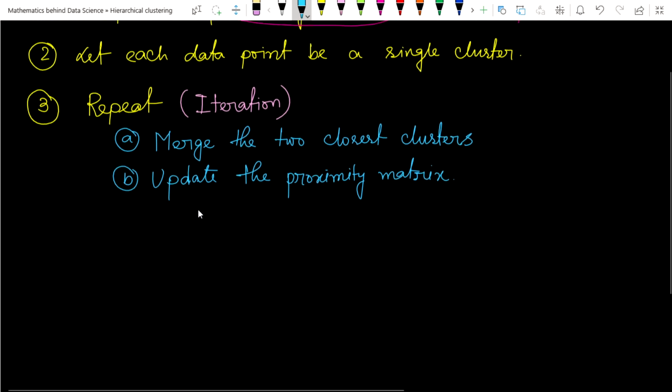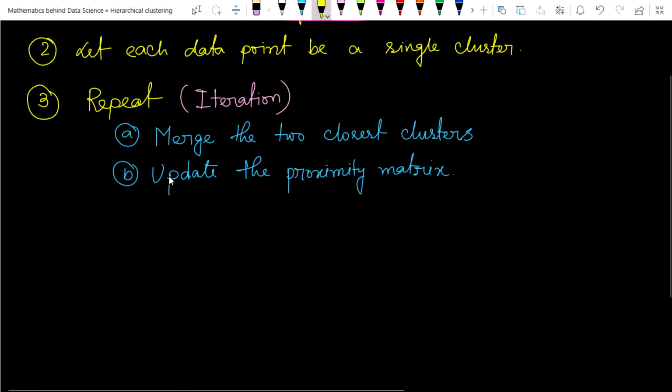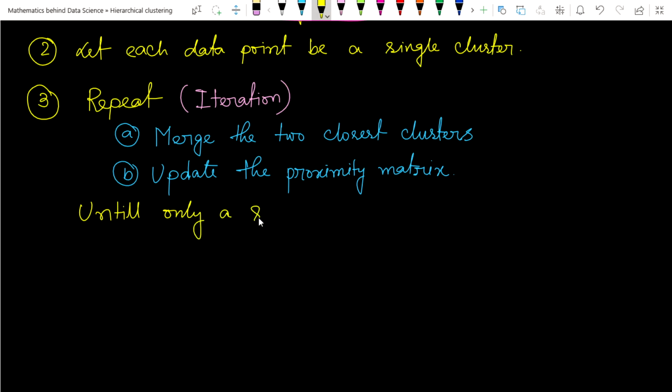Up to which time do we have to repeat this thing? We have to repeat until only a single cluster remains. That means we have to make these iterations until we get a single cluster.